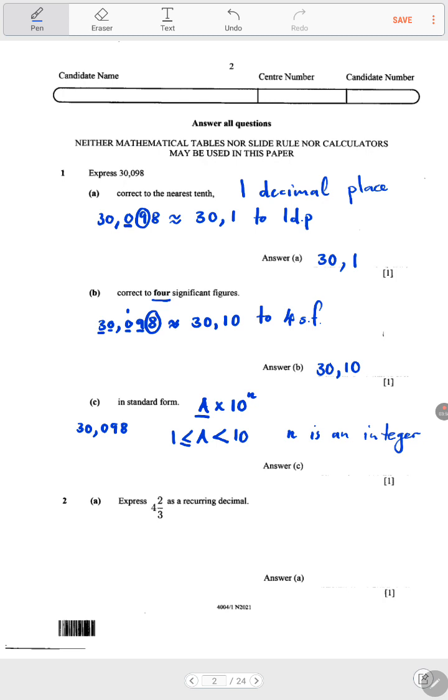Okay, so to just clear the space, I'm going to erase this stuff. So 30,098, how do you express it in standard form? You have to make the first number a number that is less than 10 but greater or equal to 1.